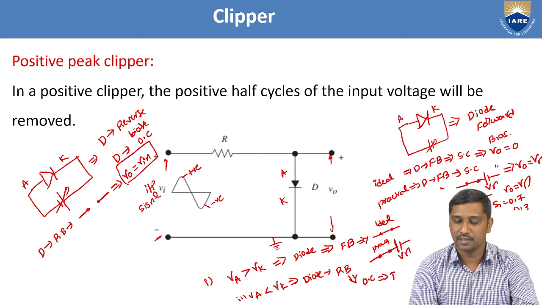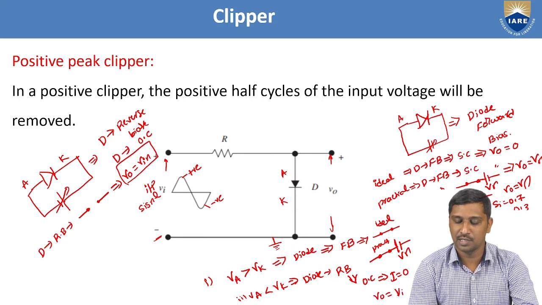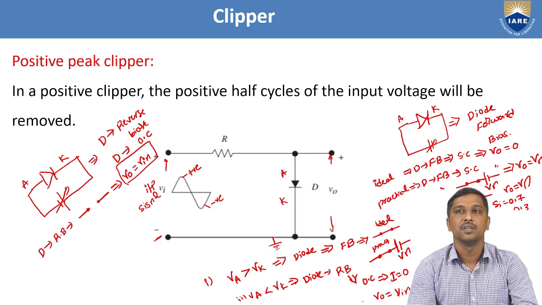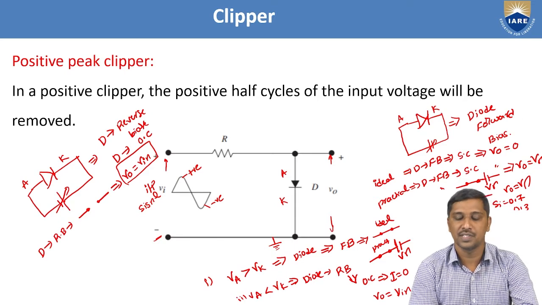At this point, the current is 0. When the diode is reverse biased, the current flowing across it is 0, hence the output voltage across the reverse biased diode is equal to V. Based on these two points, we need to analyze the operation of the positive peak clipper circuit.